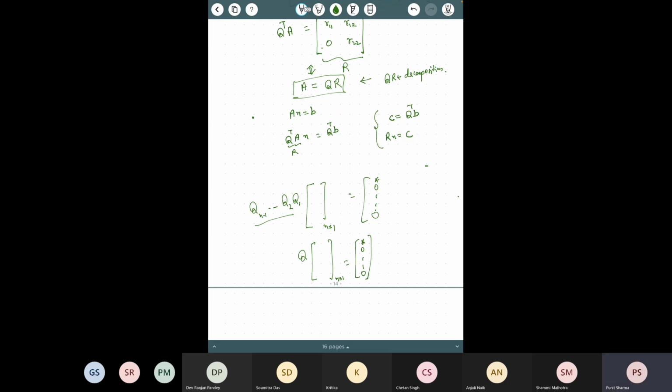Okay, so I have already discussed some things about rotators, but similarly you can use reflectors also. I don't have much time, so I'll just state one thing here first.